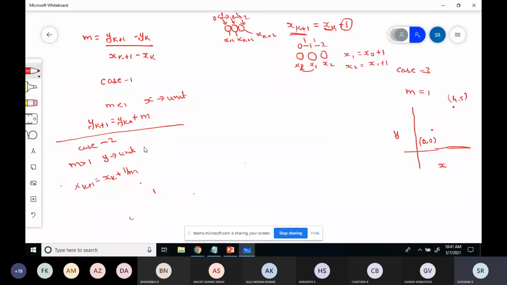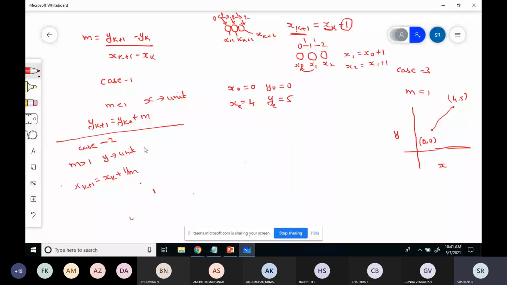So now how will the algorithm work? What is the initial value of x here? In our problem, x naught is 0, y naught is 0, and x end is 4 and y end is 5. First it will know the end point, and between them it will start constructing the pixels from the starting point of the line to the ending point of the line.